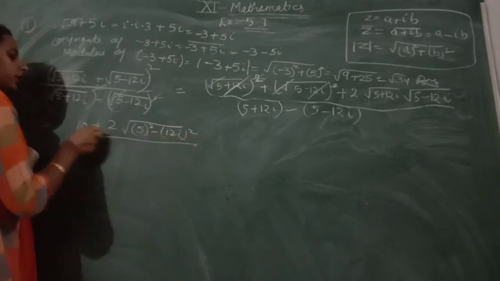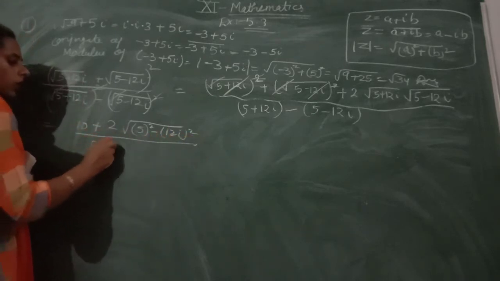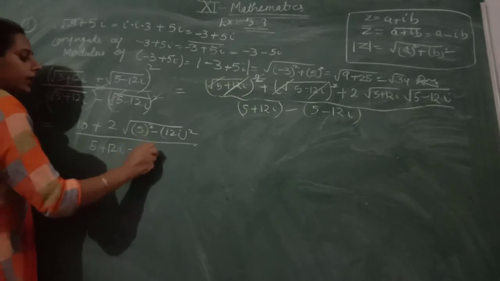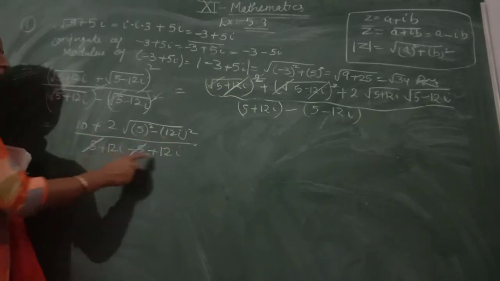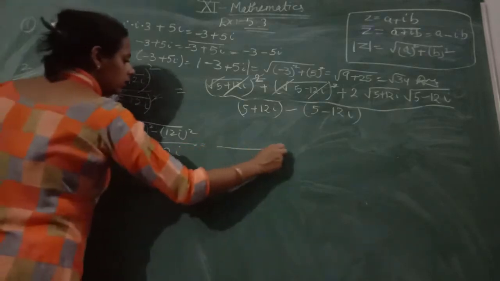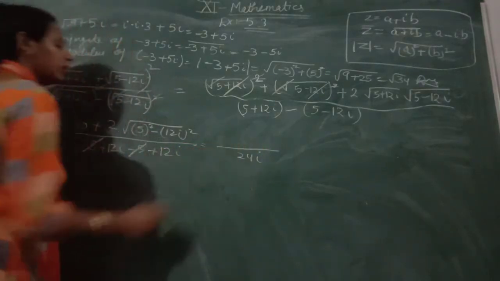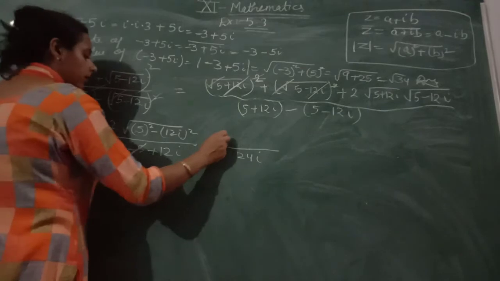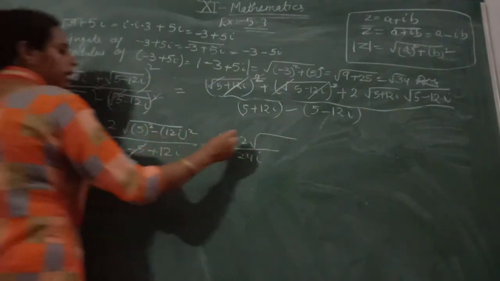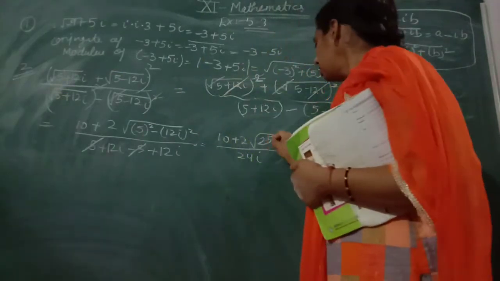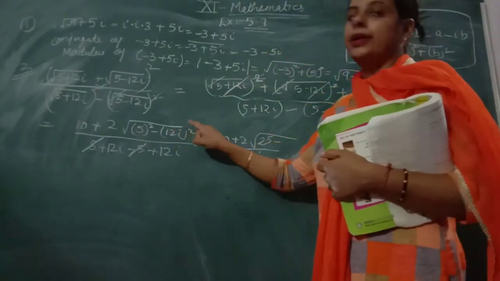And in the denominator there is a minus symbol. So after opening the bracket the sign gets changed, and 5 will be cancelled by the 5. There is 12 iota plus 12 iota, that is 24 iota. In the numerator you have 10 plus 2 into, within the root, 5 square that is 25 minus 144 iota square.